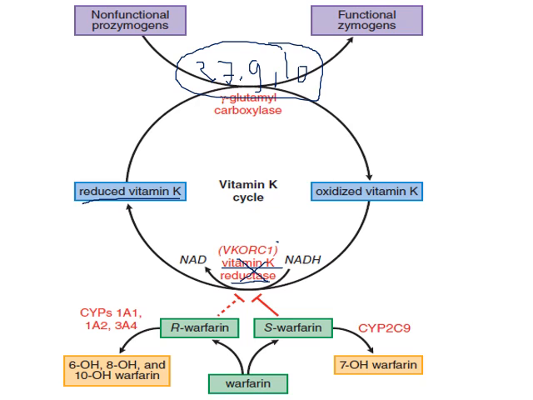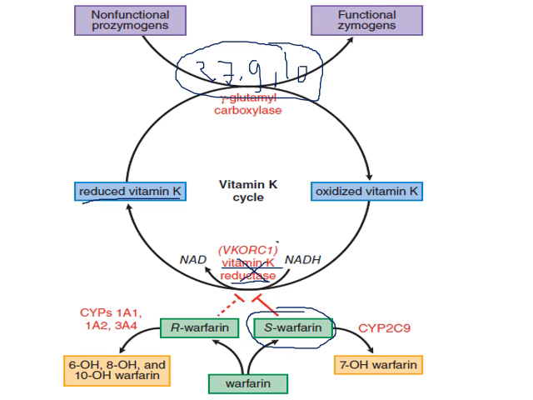So one more thing here: warfarin is a racemic mixture of R warfarin and S warfarin. S warfarin is the more active form, inhibiting the enzyme more efficiently than R warfarin.